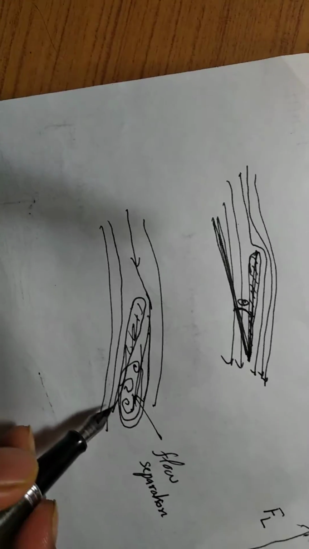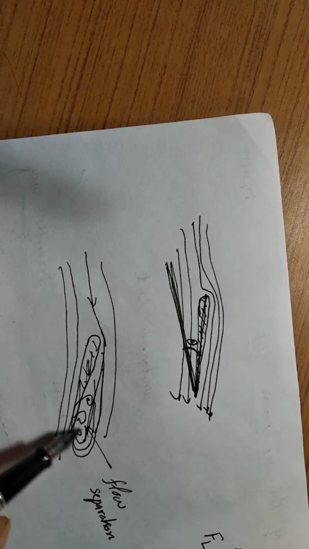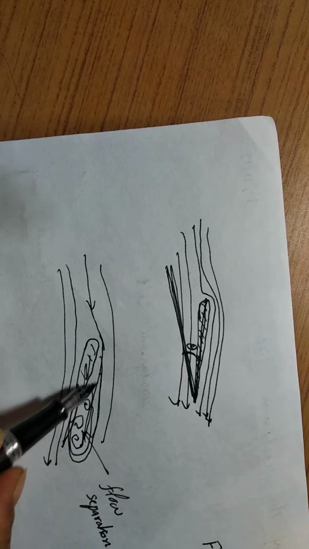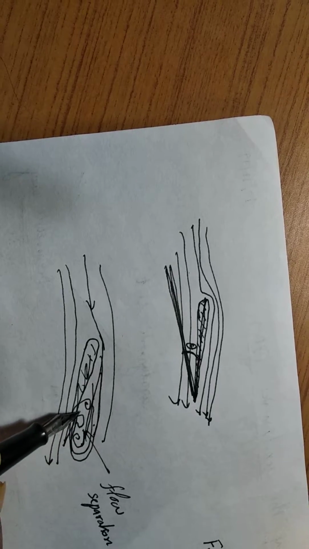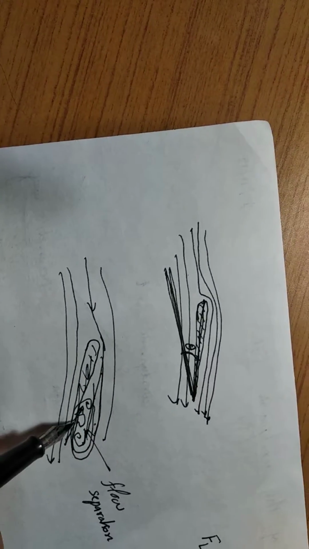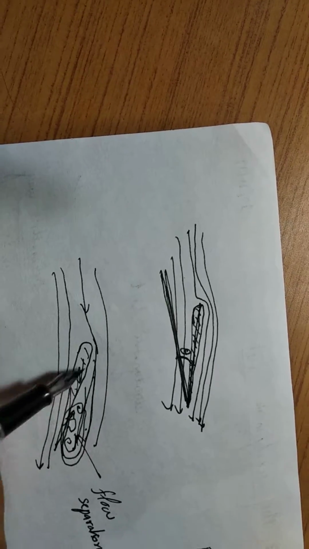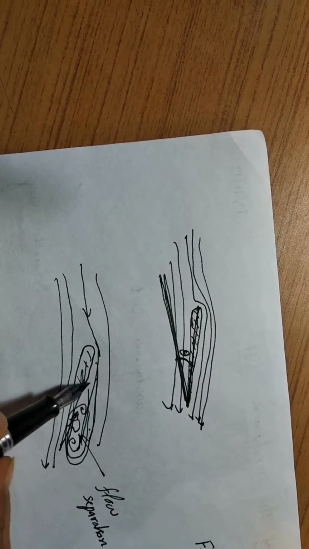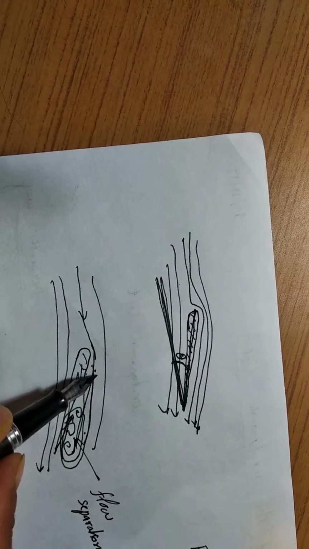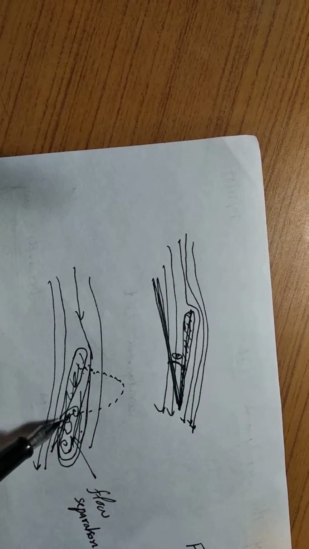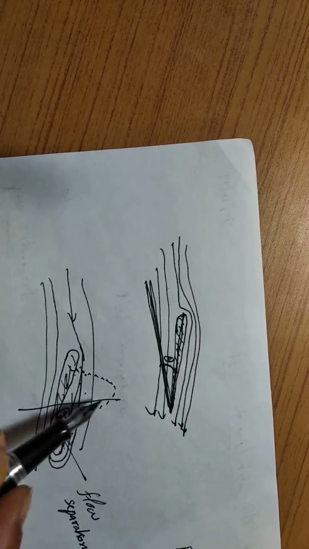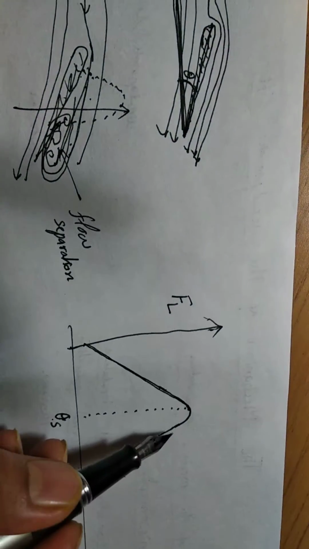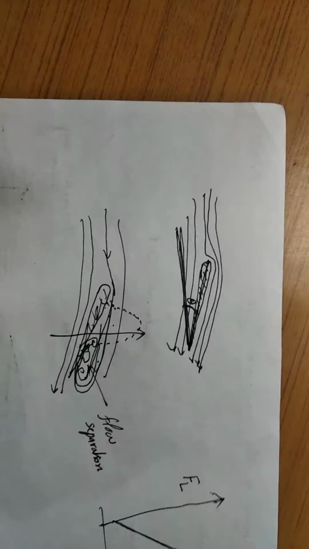These eddies destroy the low pressure over the upper surface, because in the eddy there is airflow going in this direction. This kills the speed on the upper surface of the wing, and if there is no high speed on the upper surface, the low pressure region is killed. These eddies kill this low pressure region, and you don't have the aerodynamic lift anymore. After theta s, you have a sudden drop of the aerodynamic lift. So this is called the stall angle.